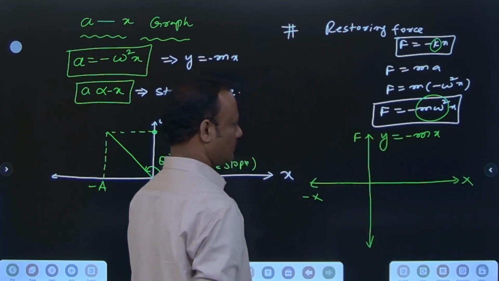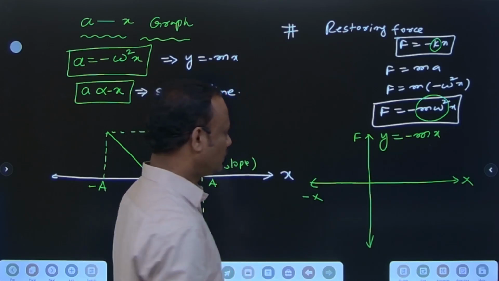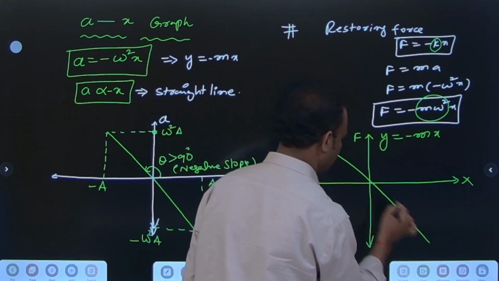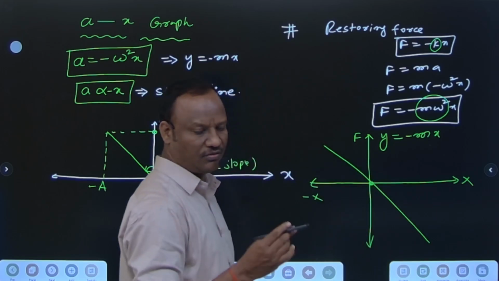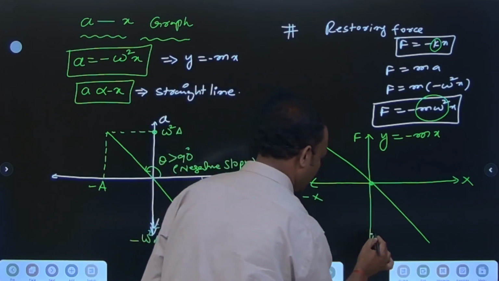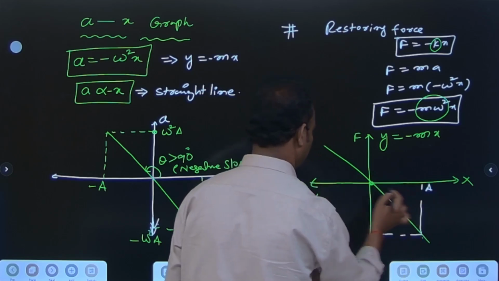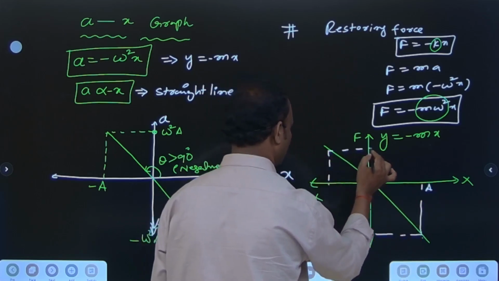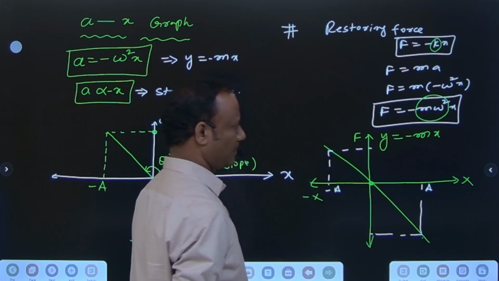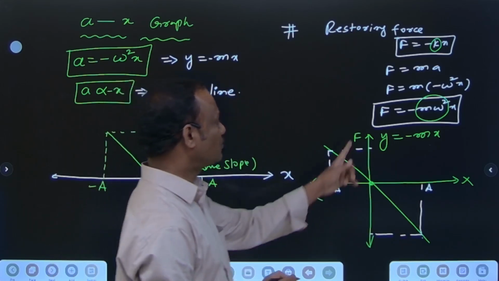So the graph should be like this. If you want to write its coordinates, along the x axis it is A, and this is minus A. What is the maximum force from this?